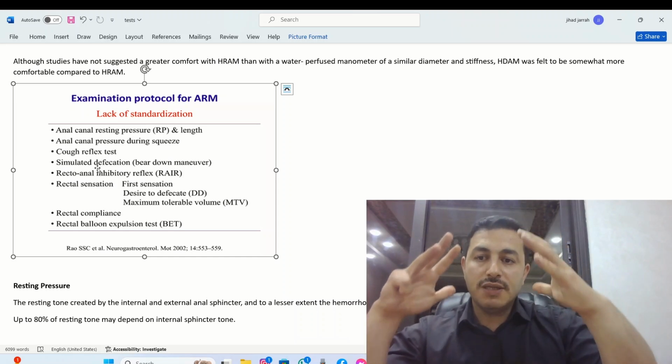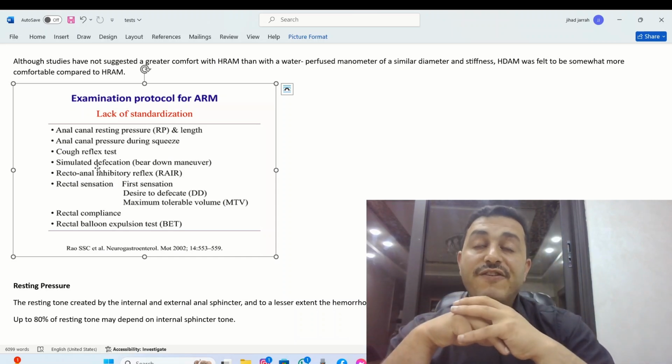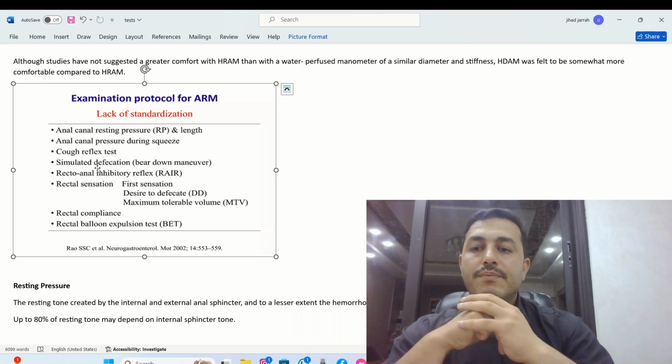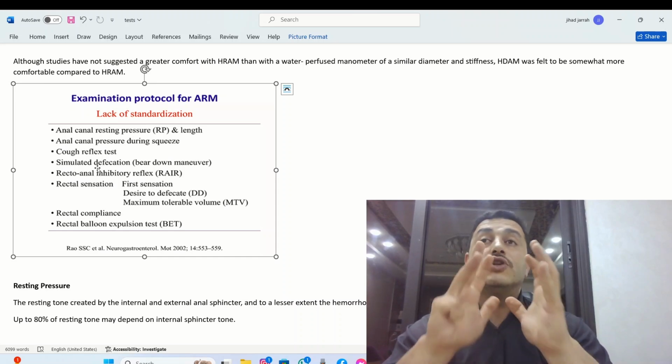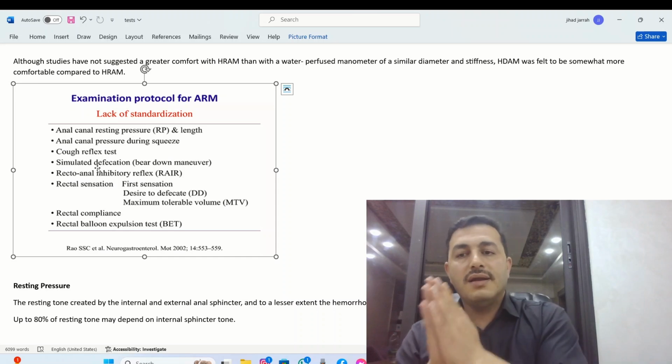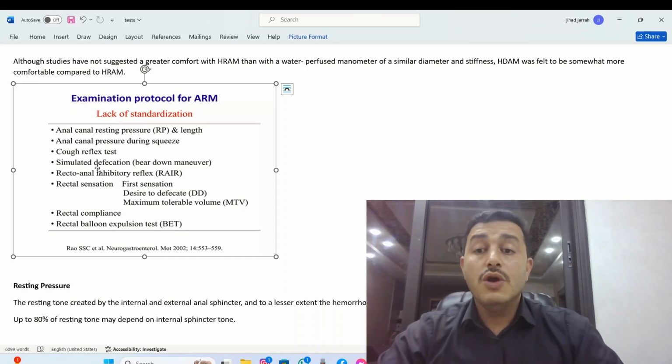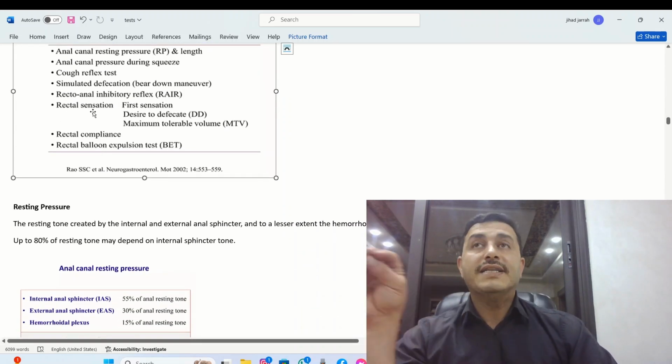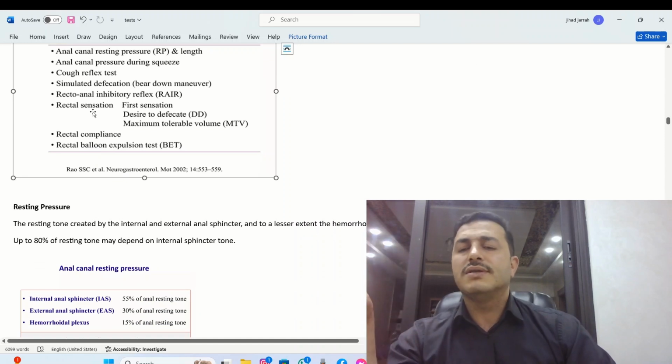We ask the patient to simulate the defecation and we measure the pressure. We check in anal manometry the recto-anal inhibitory reflex.